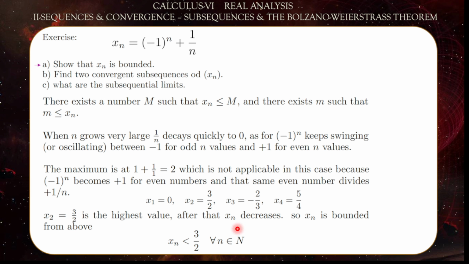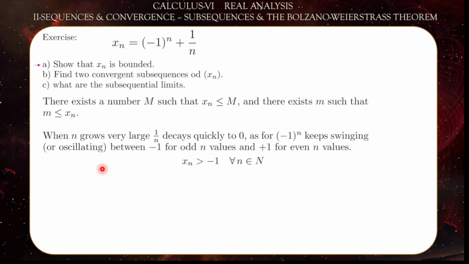After that, x_n decreases, so x_n is bounded from above by 3 over 2, or x_n is less than or equal to 3 divided by 2 for all n within the natural numbers. Now for the lower bound, x_n greater than or equal to lowercase m for all values of n. When n grows very large, 1 divided by n decays quickly to 0.